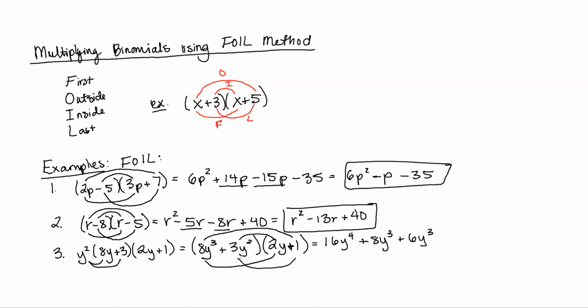And 3y squared times 1, for the last terms, we have just a 3y squared. And now let's go ahead and simplify. So we have 16y to the 4th plus 14y cubed plus 3y squared.